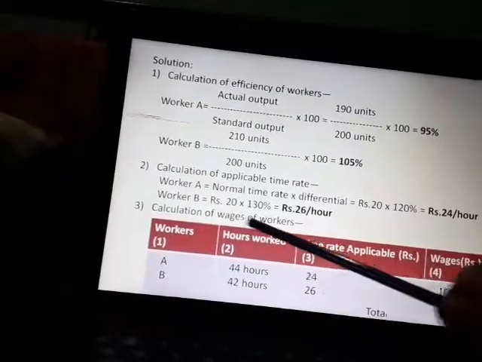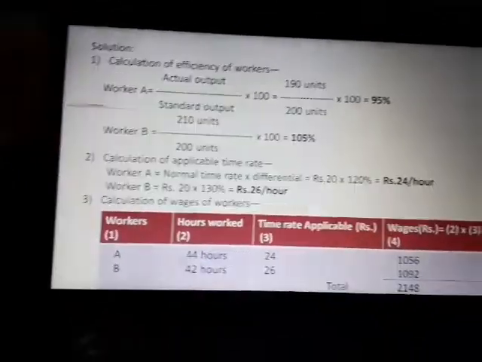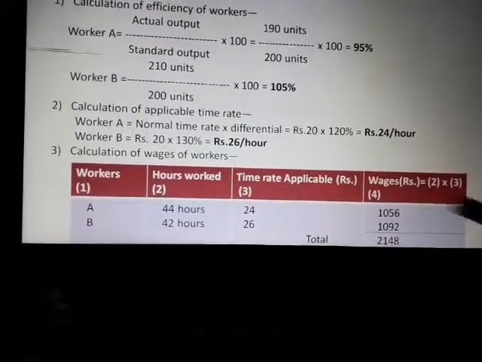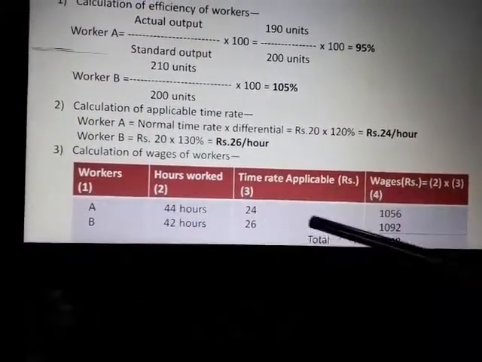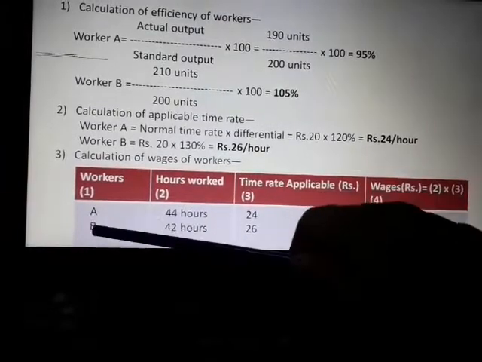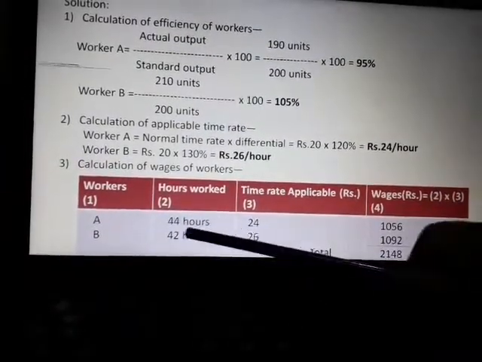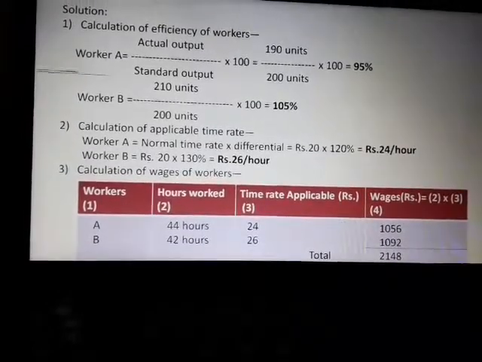Now finally the calculation of wages of workers. Hours worked: A worked for 44 hours, B 42 hours, as given in the problem.